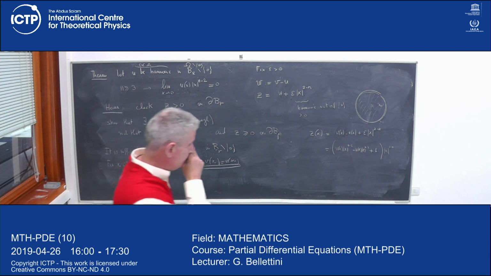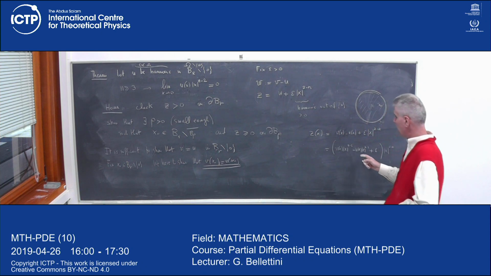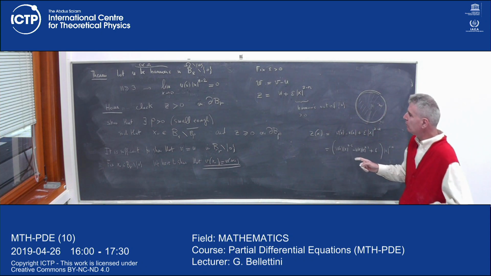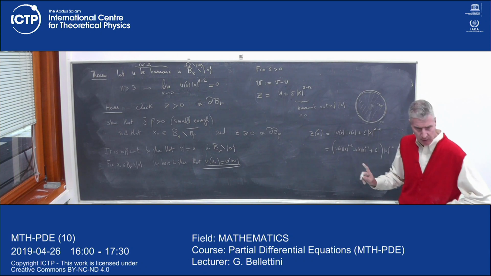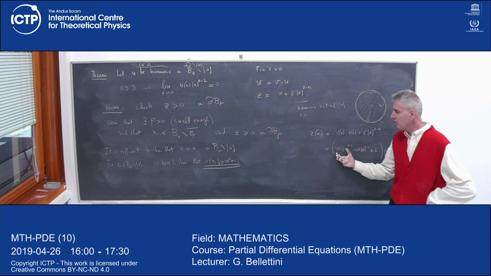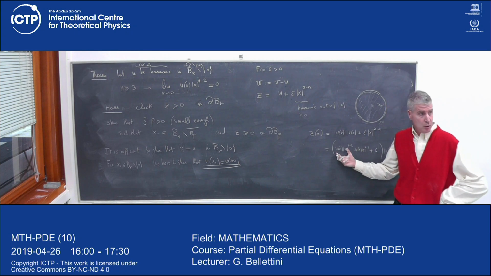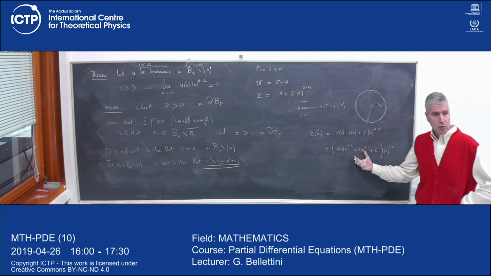And now you see that one of the two objects, I think it was V, maybe, V was smooth. No? V is the solution. V is smooth. So as soon as x goes to 0, this product goes to 0. This product goes to 0 by assumption.